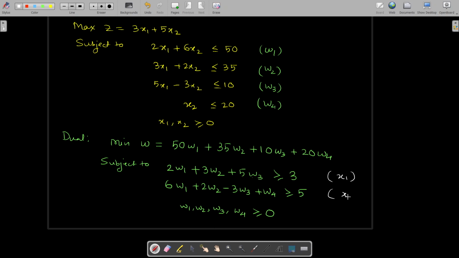The second constraint comes from x2, with all the coefficients of x2 and the corresponding dual variables, and the constant will be this one, this 5. So this is the first problem.